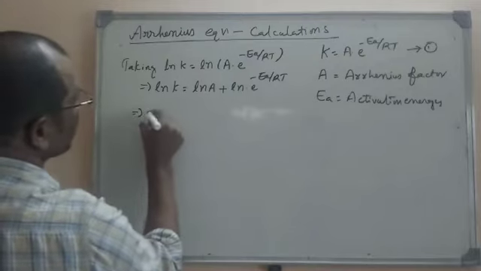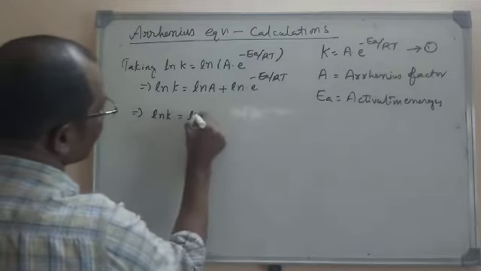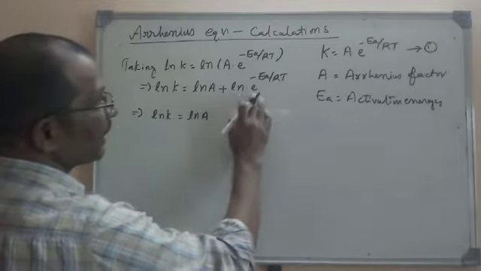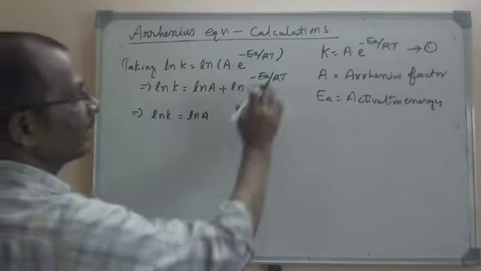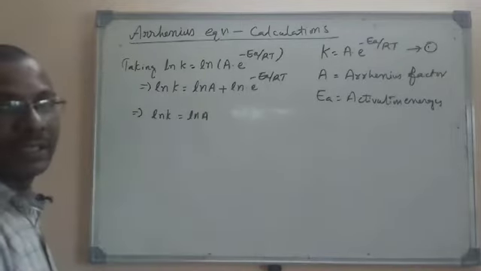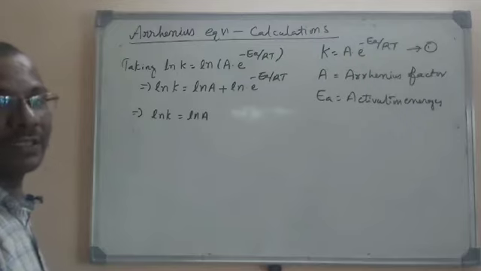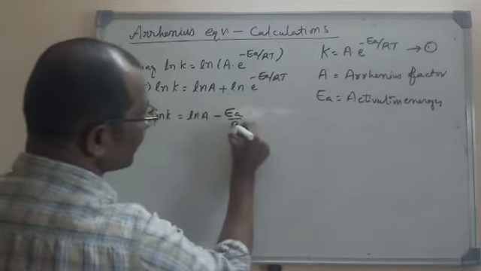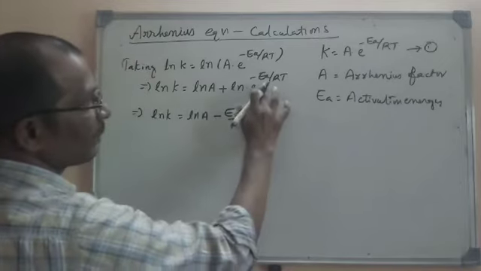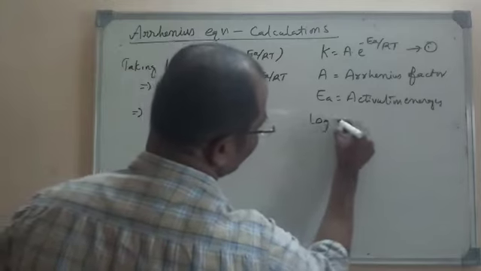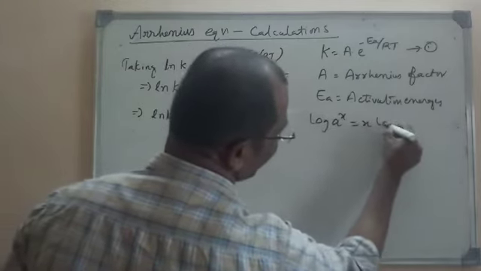So ln k = ln A plus ln e^(-Ea/RT). Log a to the power x is x log a, but here it is to the base e. Log a to the base a is 1, and log e to the base e is also 1. So it becomes minus Ea by RT.